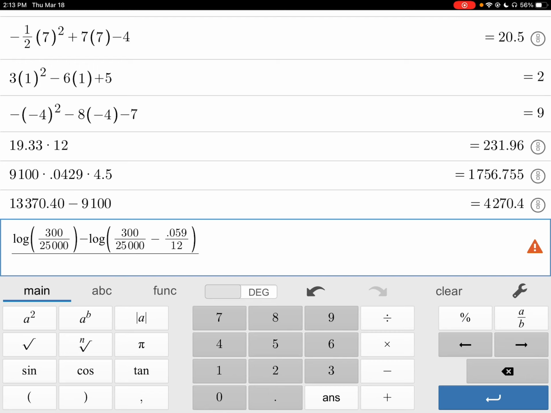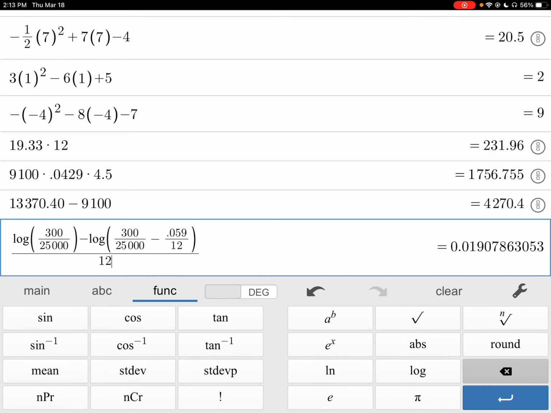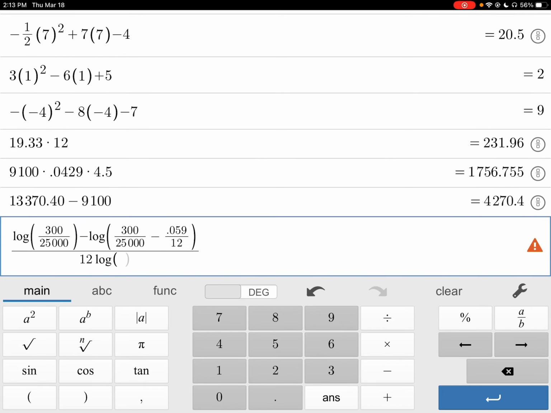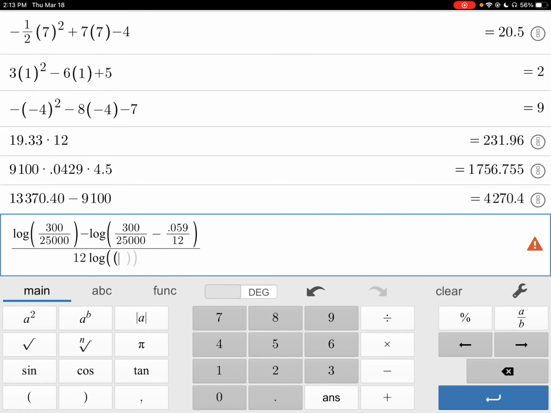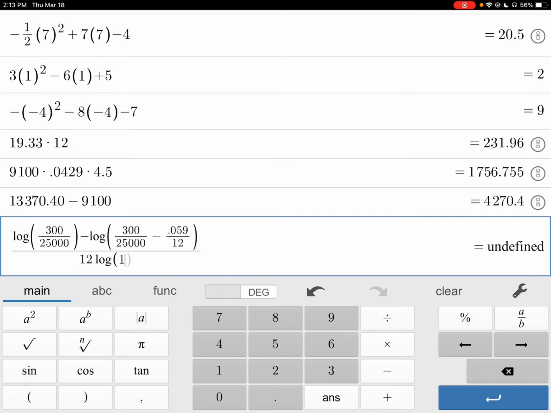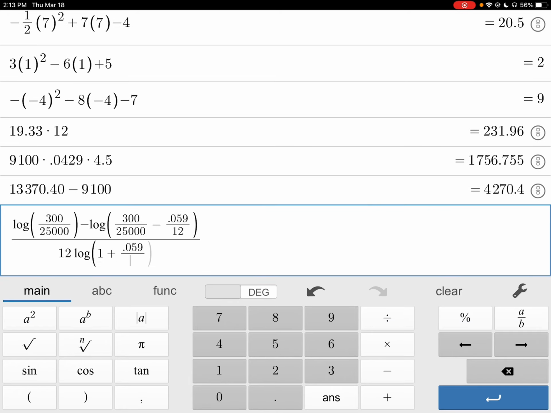Let's do the denominator. We have 12 times the log of 1 plus 0.059 over 12. All right, you should get an answer of about 8.96.